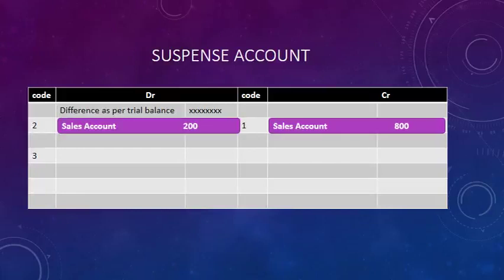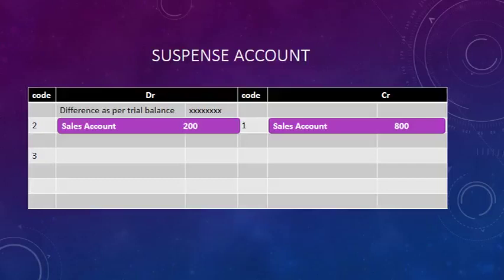So we debited suspense $200, but in the description we say sales account. Why? Because the corresponding account to this error is the sales account. We're saying if we debit the suspense account $200, what are we going to credit? We're going to credit the sales account. That's why in the description we write sales account. So we write sales account $200. I hope you're getting it. Let's go to the next.